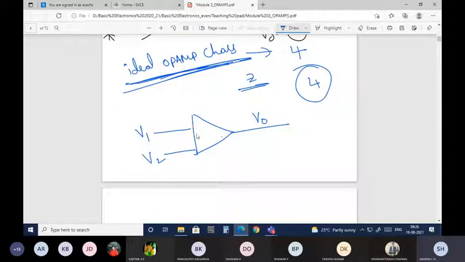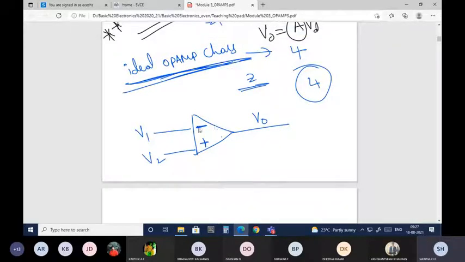Along with that, people were forgetting which is the inverting terminal and which is the non-inverting terminal. If you don't write this, the complete thing will go wrong, because based on this only the complete circuit will be analyzed. So whatever plus and minus you have, the inverting and non-inverting terminals, you have to definitely write that. It is very important. Don't miss this.